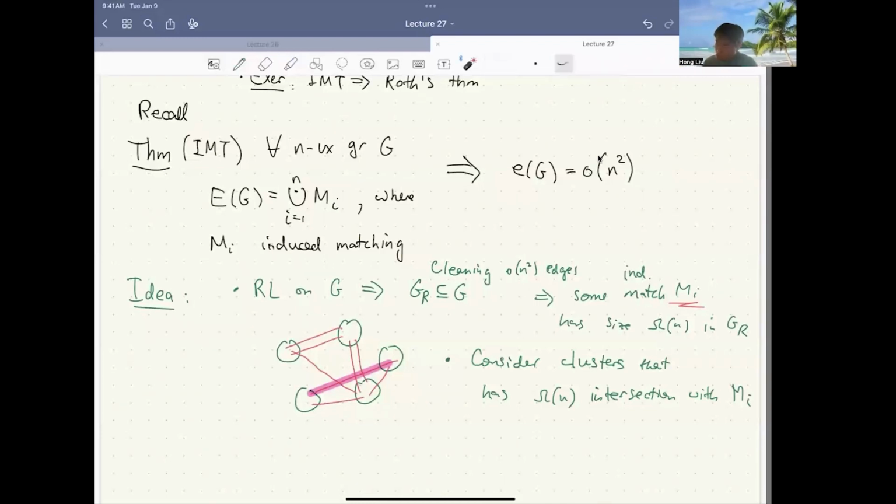Then between these two clusters, there is some edge of the matching that survives, and this matching edge is between two clusters that are large and regular, meaning that there are lots of edges between them in the graph G. The number of such edges is more than the size of the matching, meaning that there must be some edges between these two dense parts that do not come from this induced matching, contradicting the fact that Mi is induced.